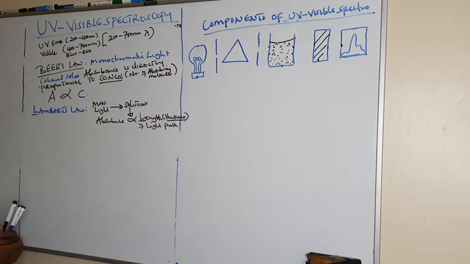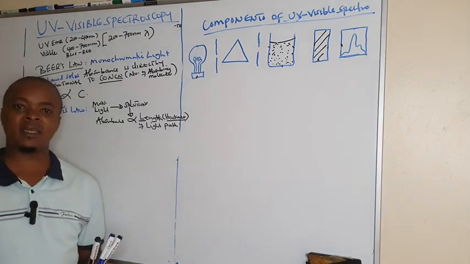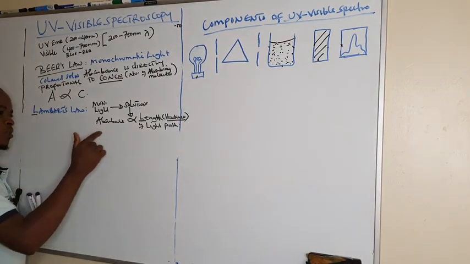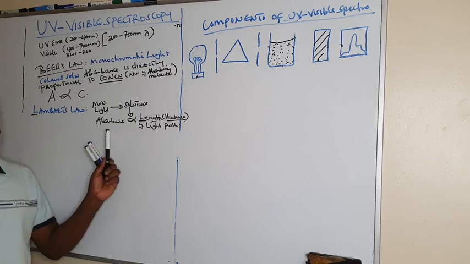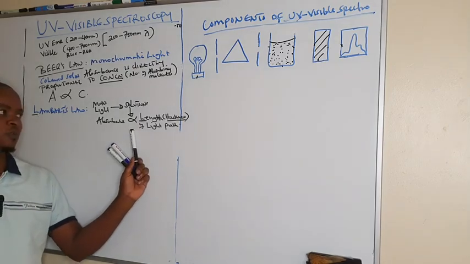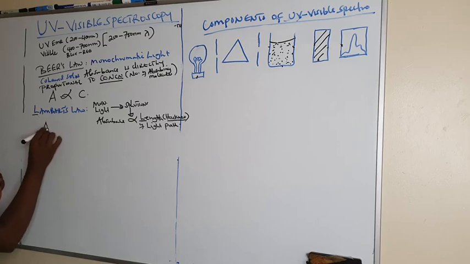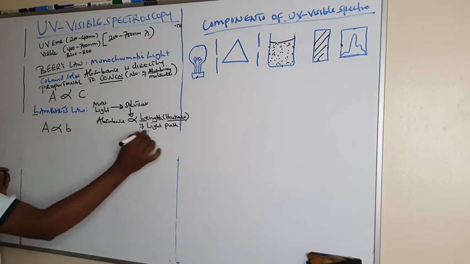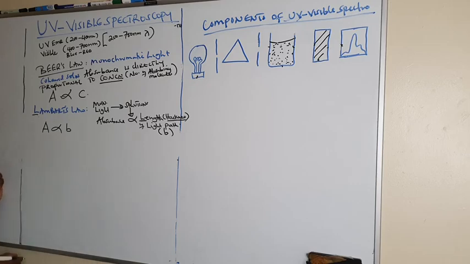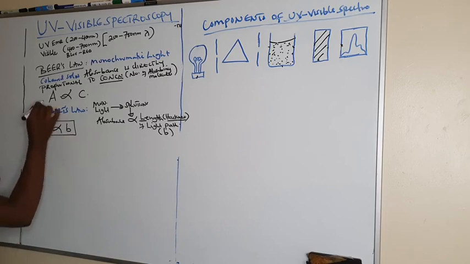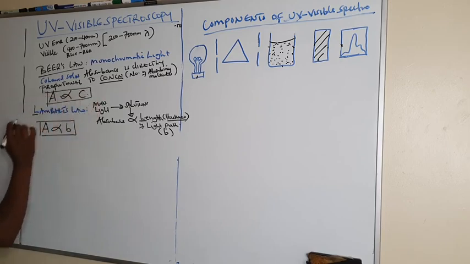So according to Lambert's law, when a monochromatic light passes through a well-mixed solution, absorbance, or the amount of light absorbed, is directly proportional to the length or thickness of the light path. In summary, absorbance is directly proportional to length, which we denote B. So length of the light path or thickness, we denote with letter B. So this is Lambert's law, this is Beer's.